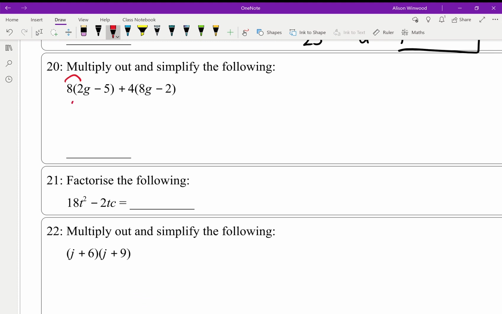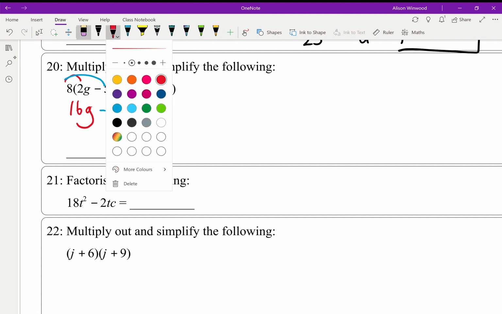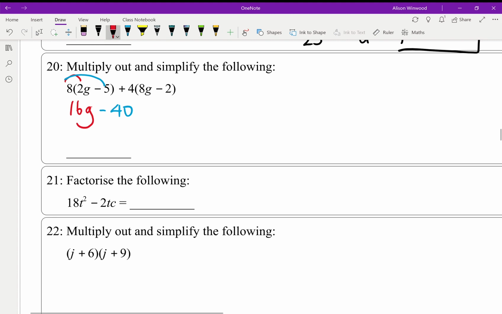Expand the first bracket. Expand the second bracket. Put the g's together. Put the numbers together.